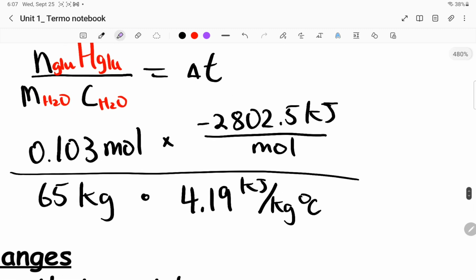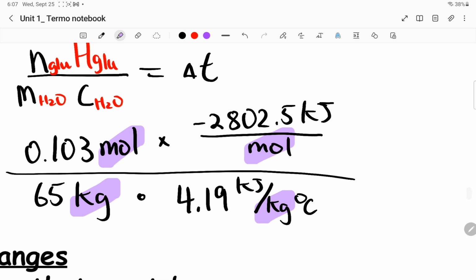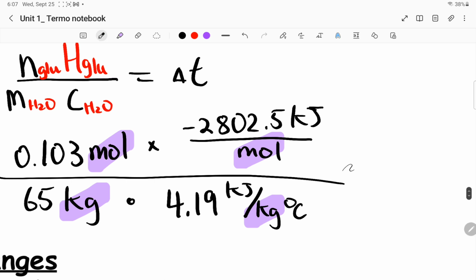First of all, if I look at the top, I have a mole, cancel. At the bottom, I have a kg, cancel. I'll leave the rest just for now. So at the top, it's about negative 287.7 kilojoule.